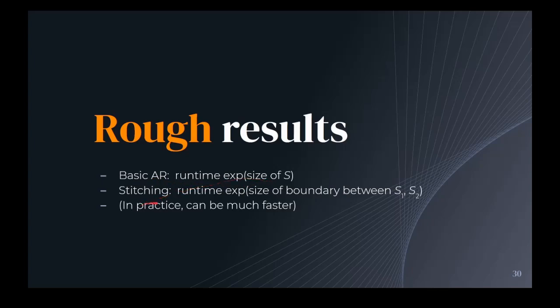For stitching, the runtime is going to be exponential in the size of the boundary between your space. As long as you're dealing with a relatively nice point space, such as a rectangle or square, as you break it into pieces, you tend to get smaller versions of the same problem. But as I mentioned earlier, in practice, this can be much faster.